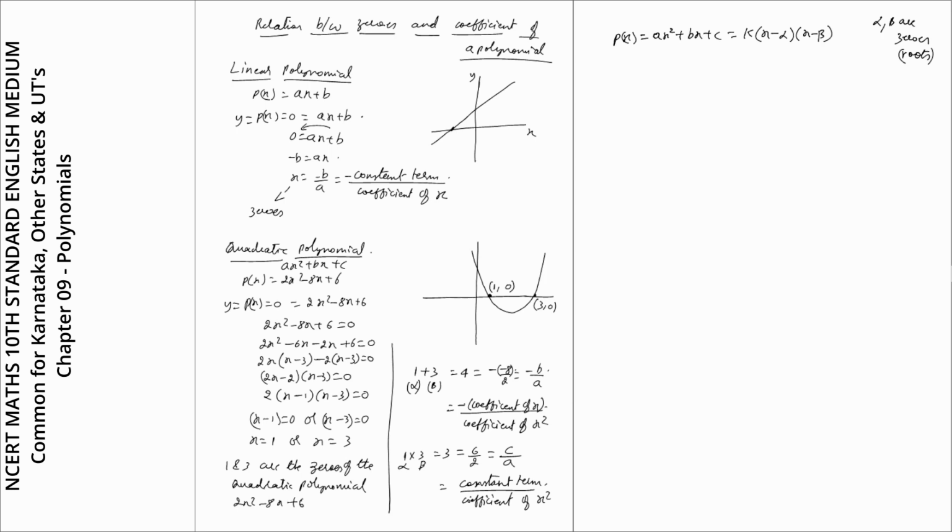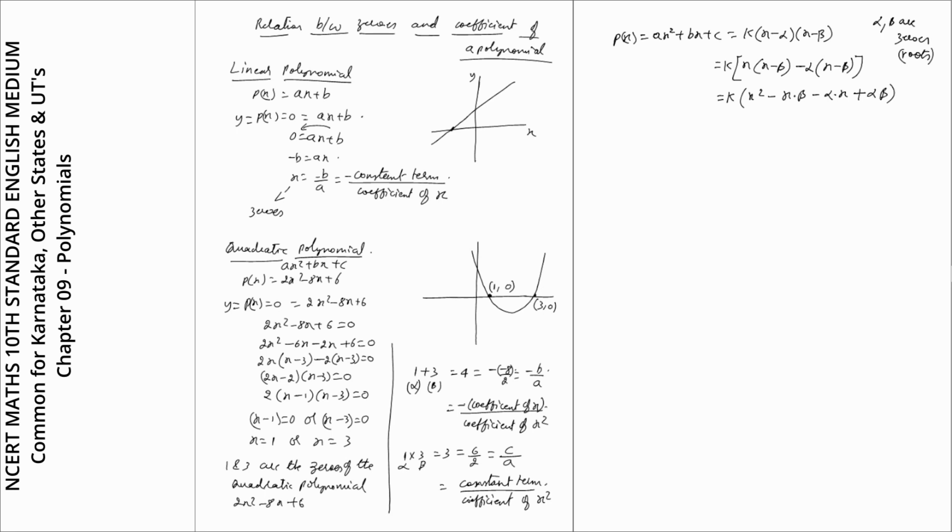Now I can write this as k into, I will multiply x minus alpha into x minus beta: x into x minus beta, minus alpha into x minus beta. This is equal to k into x square minus x beta minus alpha x, and minus into minus gives plus alpha beta.